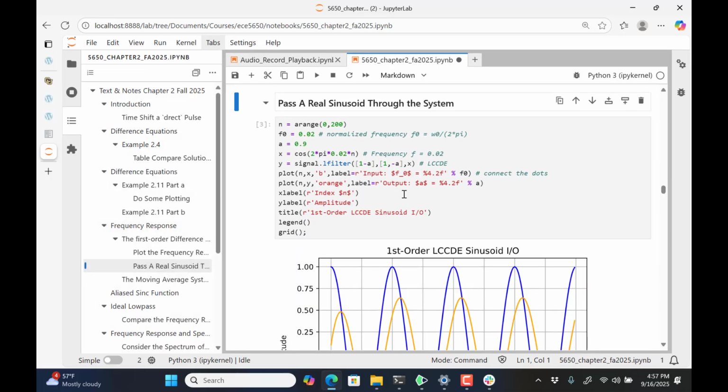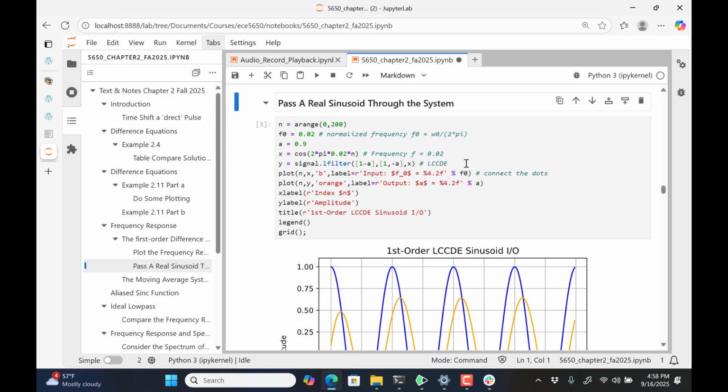Jumping way ahead, just pass a real sinusoid through a system. Here, I create a cosine sequence with a digital frequency of 0.02, and 2 pi times that 0.02 is my omega naught, as I point out over here.